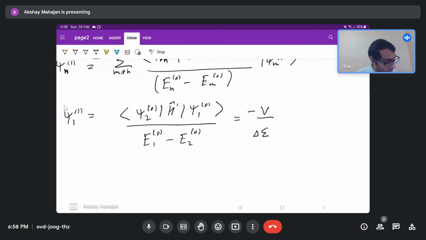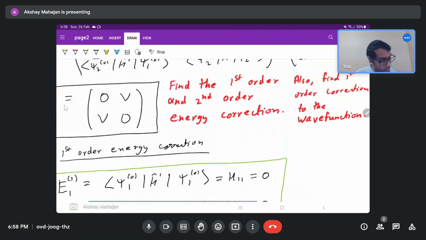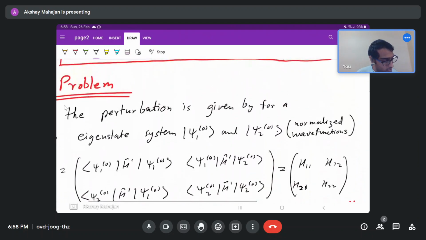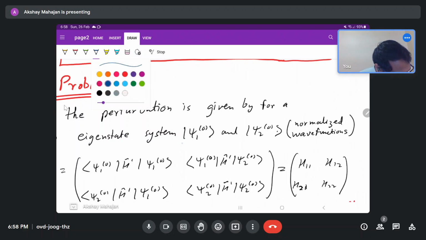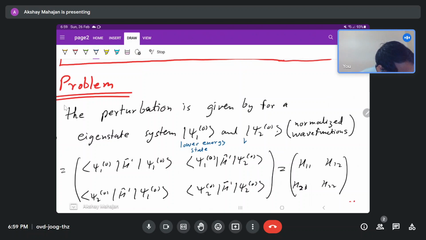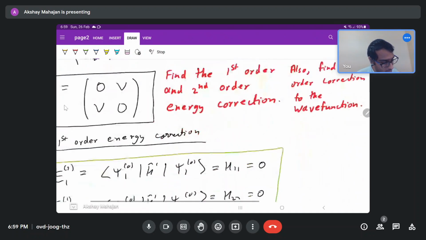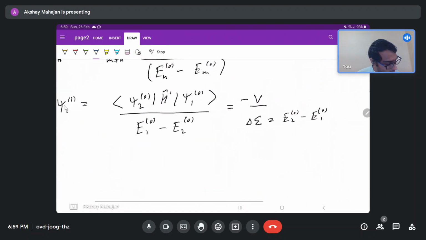So this delta E is equal to E2 of 0 minus E1 of 0, because we are taking the first and the second energy states. We are taking psi 1 as the lower energy state, I should have mentioned it, but just mention it here. This is the lower energy state, and this is the higher energy state. When we say state 1, state 2, they are explained already. So this is equal to this.